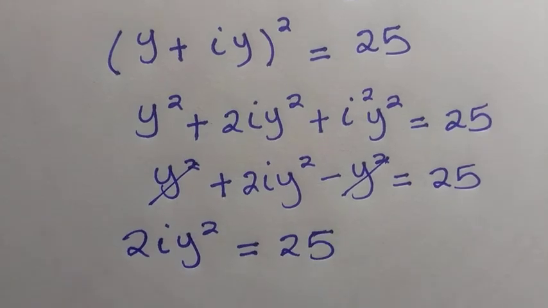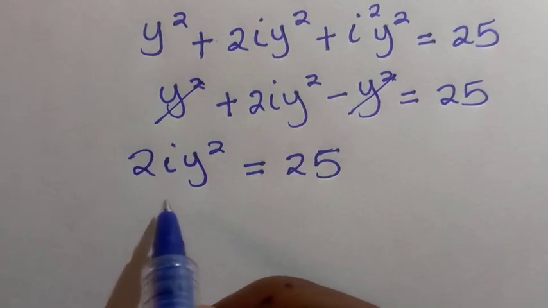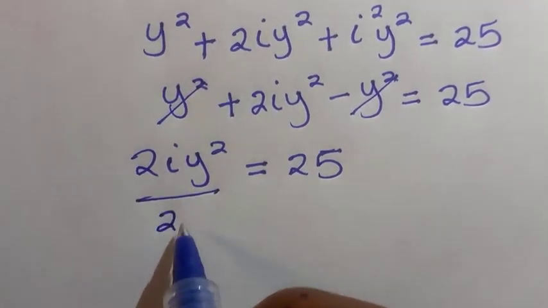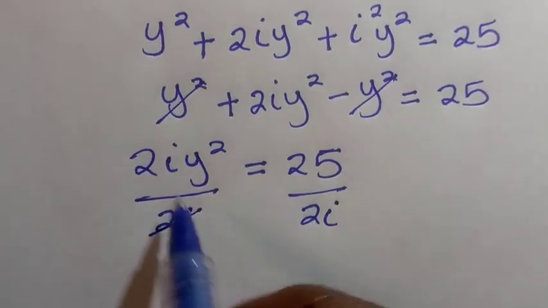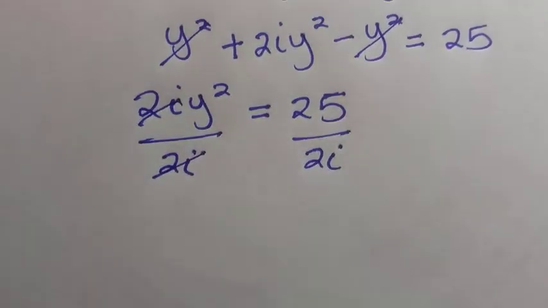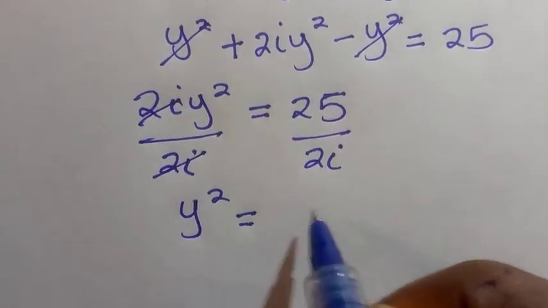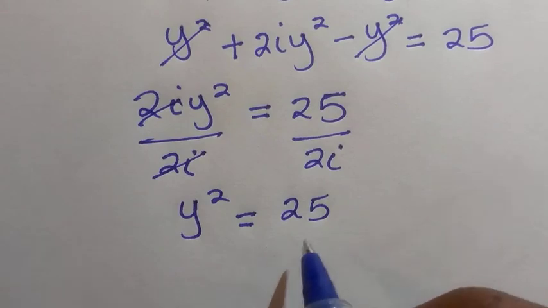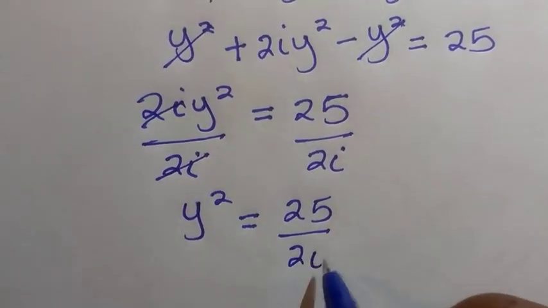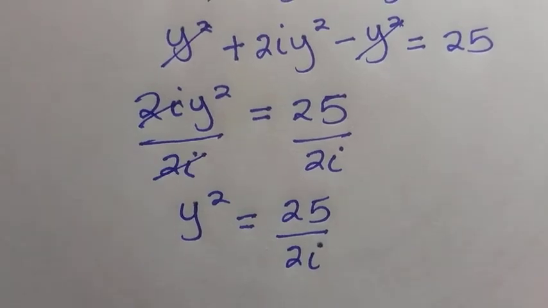But from here, let's say we divide both sides by 2i first before I recall. So by dividing that, we are going to have y square equals 25 divided by 2i, and again here we have y square.